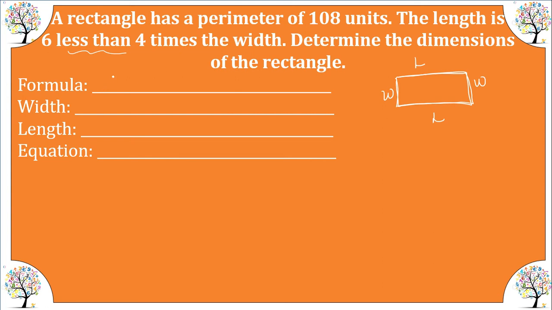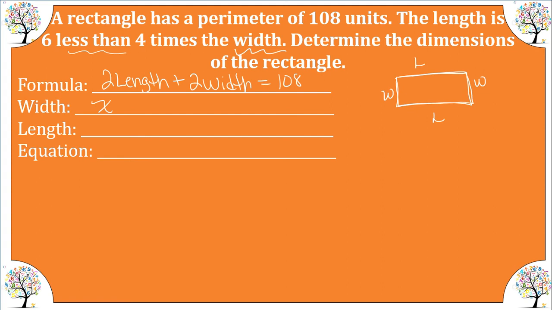So the formula is going to be, we have 2 lengths to add together plus the 2 widths gives us the perimeter of 108. Now let's represent width and length with an expression. We know a little bit about the length, but we know nothing about the width, so let's let X stand for our width.